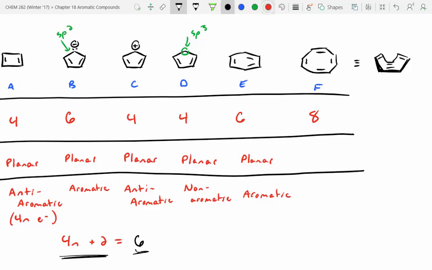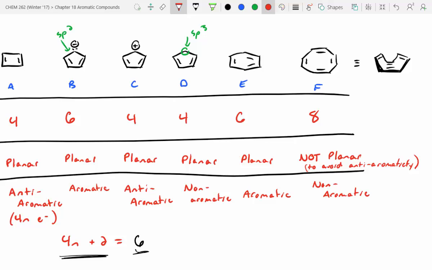So in this case, let's make a note that this is not planar to avoid anti-aromaticity. That means that this is just simply non-aromatic.